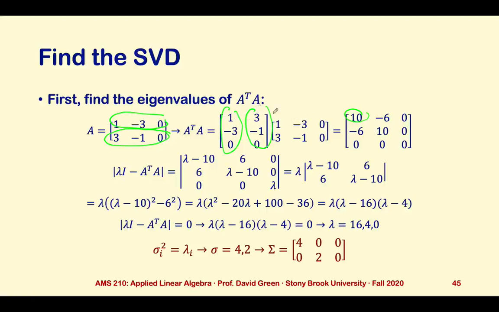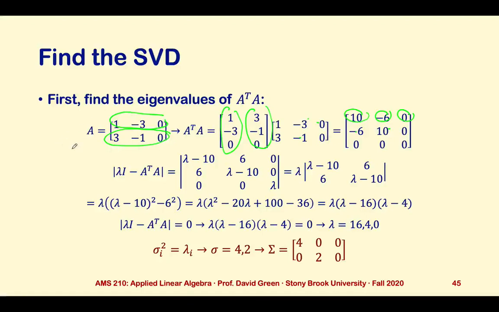Negative 3 minus 3 is negative 6. And 0 plus 0 is 0. Negative 3 minus 3 is negative 6. 9 plus 1 is 10, 0 plus 0 is 0, and the last row is 0, 0, 0, so a row of all zeros.